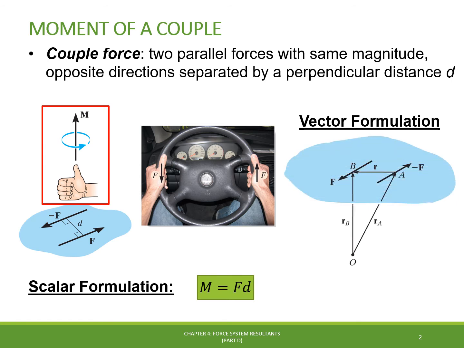For example, if we want to find the couple moment about point O, and the couple forces are applied at points A and B lying on the line of action of the two forces, then we can define the position vectors rA and rB directed from point O to points A and B, and the distance vector r between A and B will be the moment arm of the couple forces. Then, the couple moment about O is calculated by the cross product between the distance vector r and the couple force F.